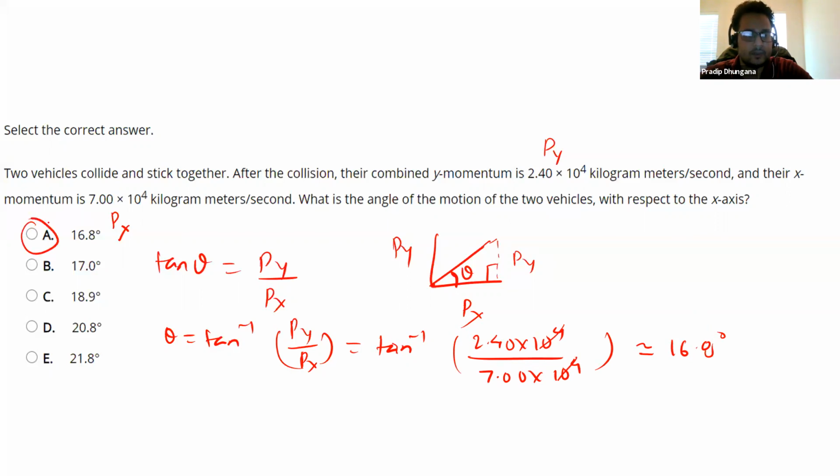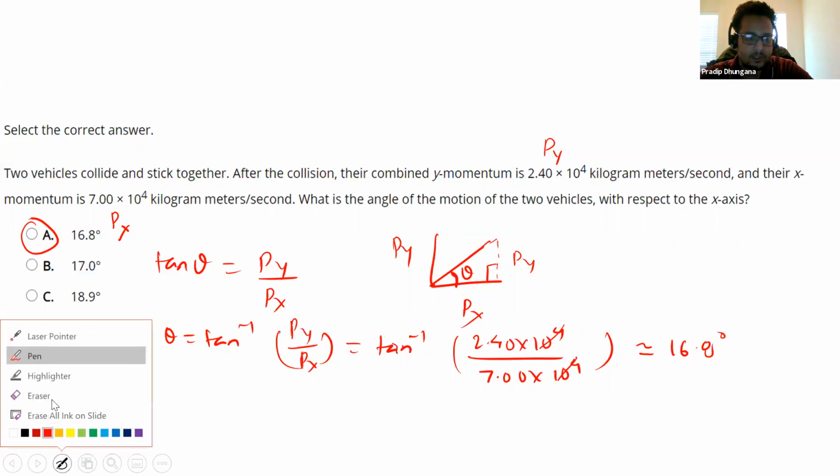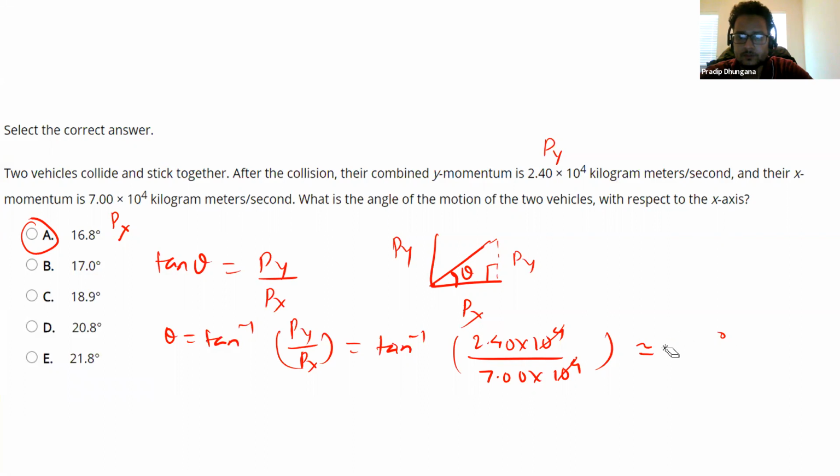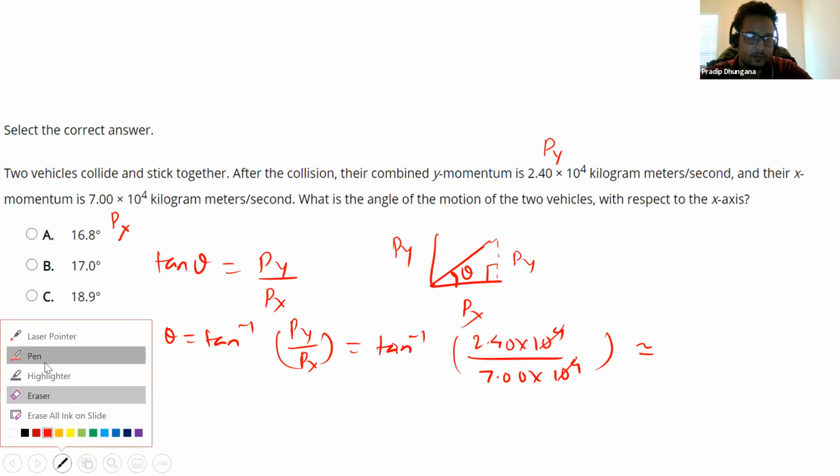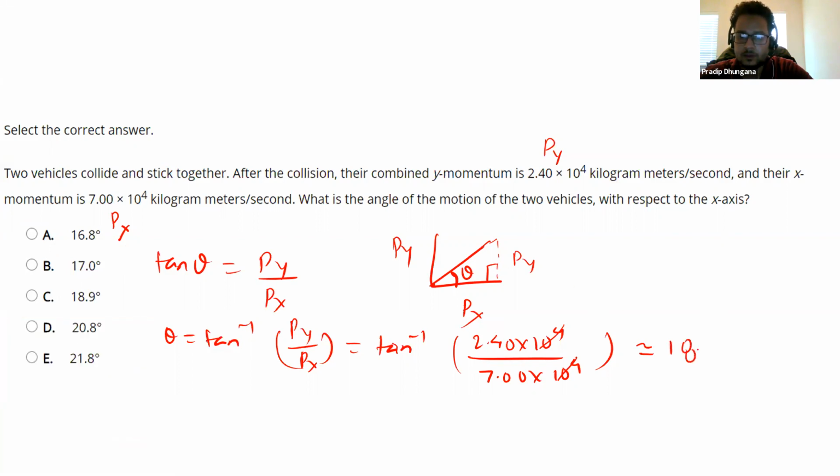Correct choice is A. No, sorry, this is wrong. Give me 1 second. You will get around 18.9 degrees. So the correct choice is C.